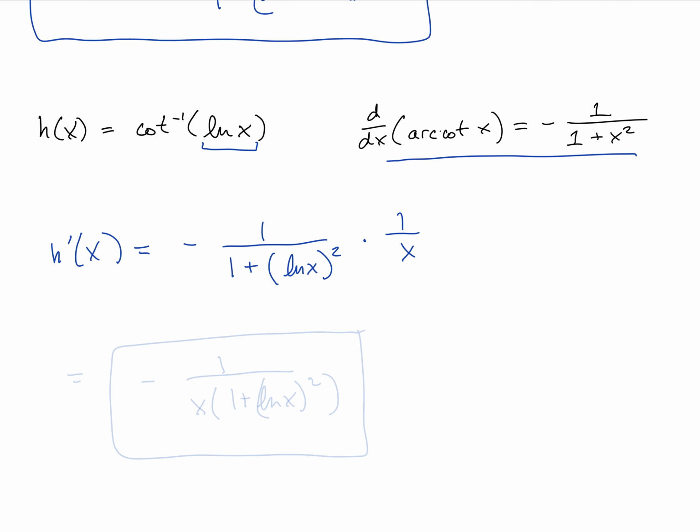And so we are left with negative 1 over x times 1 plus natural log of x squared.